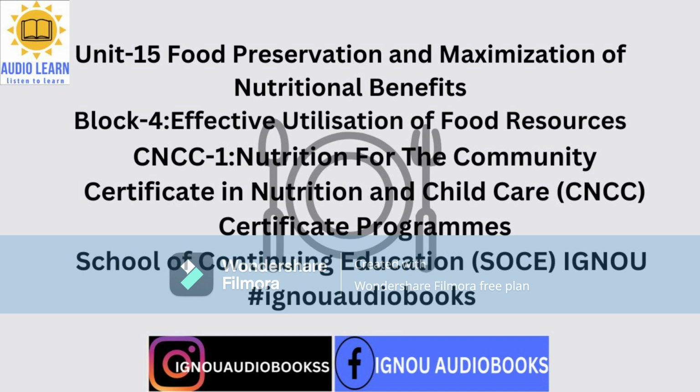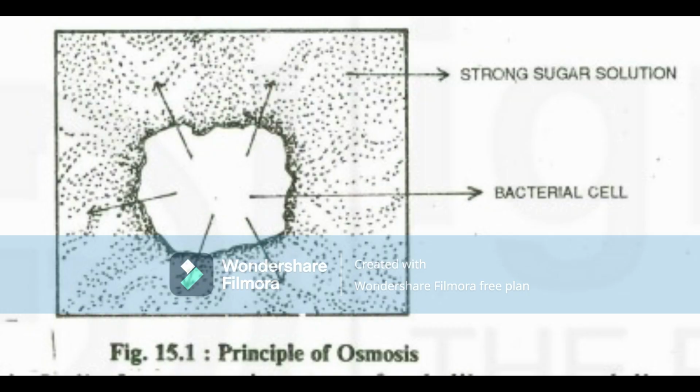Figure 15.1. Active microorganisms may contain more than 80% water. When they are put in a heavy sugar syrup or in strong salt water, the water from inside the cells moves out into the concentrated syrup, causing partial dehydration of the cells. It interferes with the growth and multiplication of the microorganism.